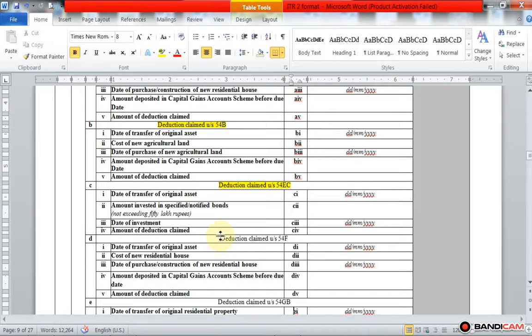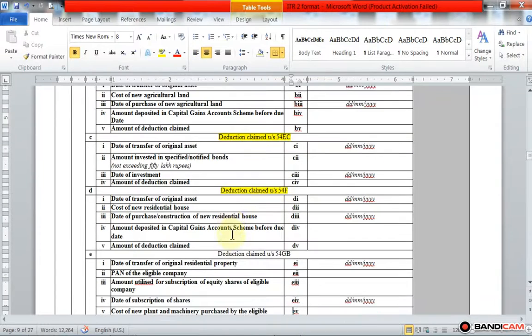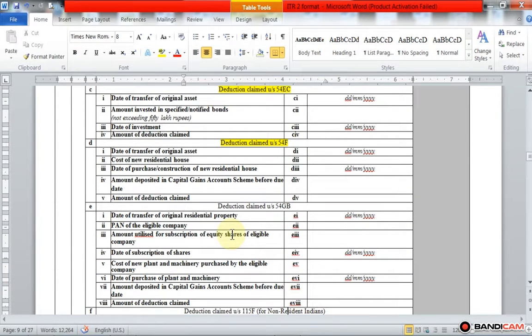So here the list of deductions is given under sections 54 to 54B, 54EC, 54F, 54GB. So if the assessee claims this deduction, then he will furnish all the information relating to the respective deductions.